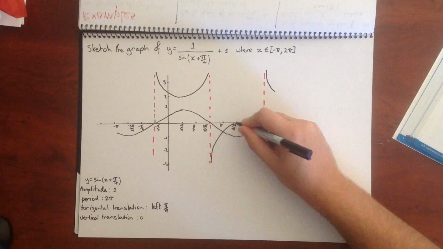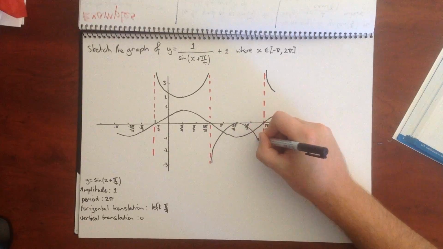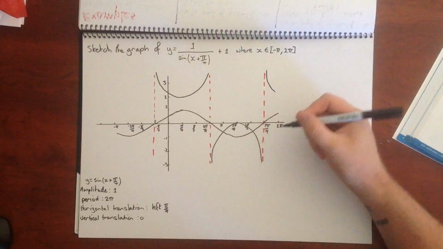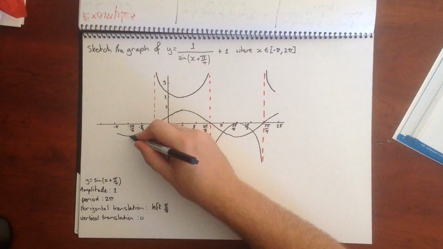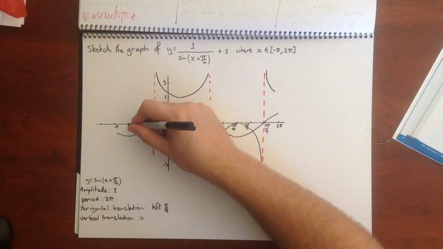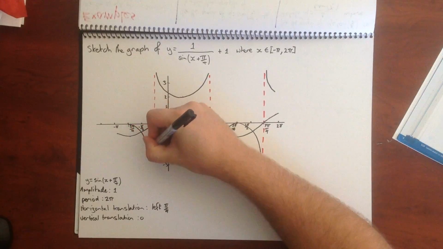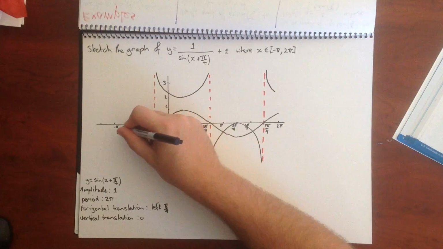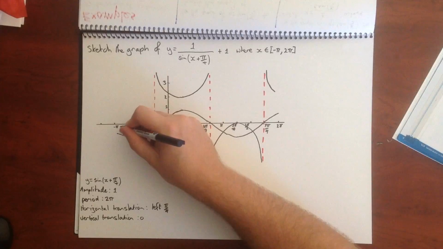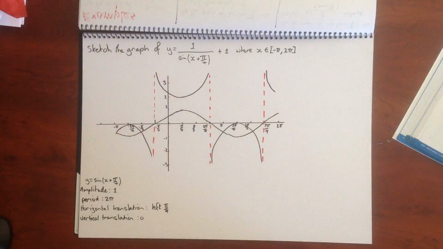Come up and touch it, and then come back down. Okay, and again, we've got a turning point here, so we touch it up here, come down, and there'd be part of what we've got here as well. Something like that. And we're all done. So hopefully that's enough to get you through the questions on that section.